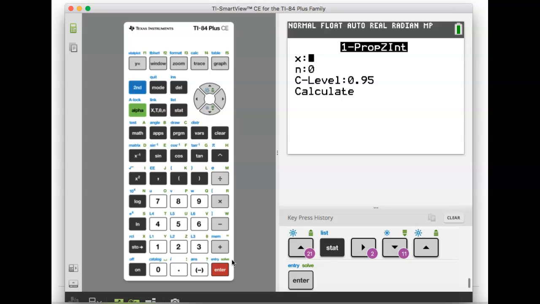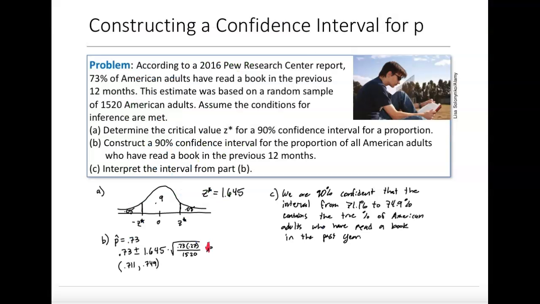So remember that the way we create p hat is x over n, meaning number of successes over sample size. So p hat equals x over n.